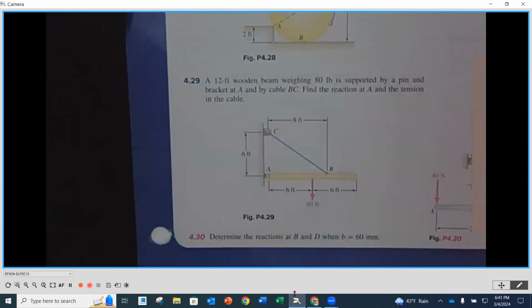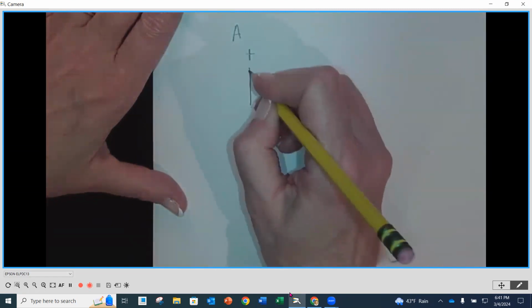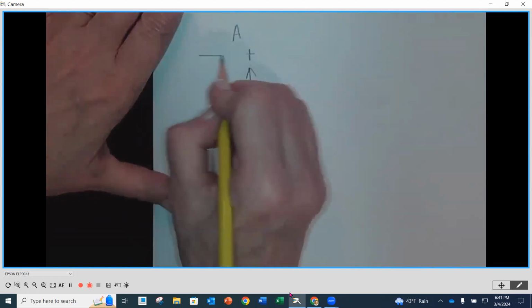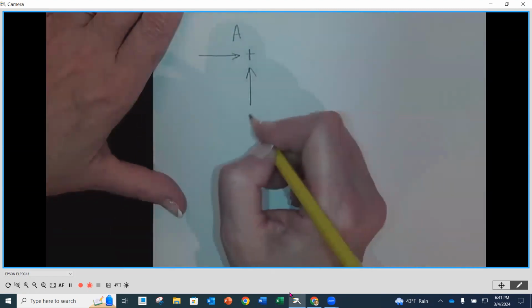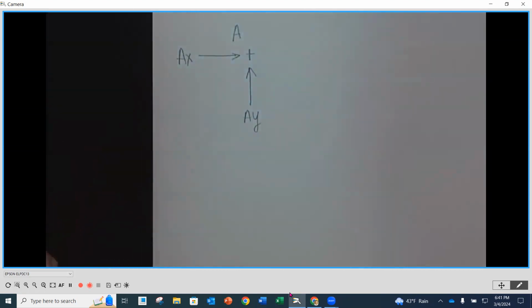But in the appendix, they're going to give you the resultant force of the X and the Y. So for instance, on that one, point A is going to have it, and I don't know the directions and I don't know the magnitudes. So don't take this for anything but what it is here. You're going to have an X and a Y reaction at A.